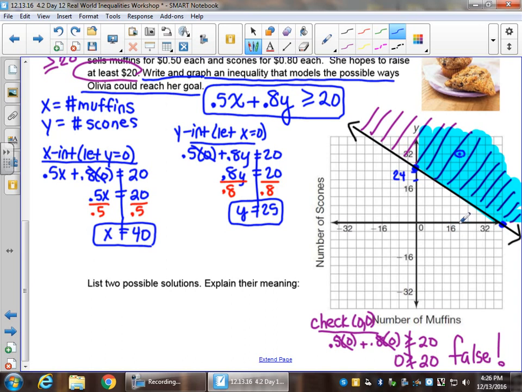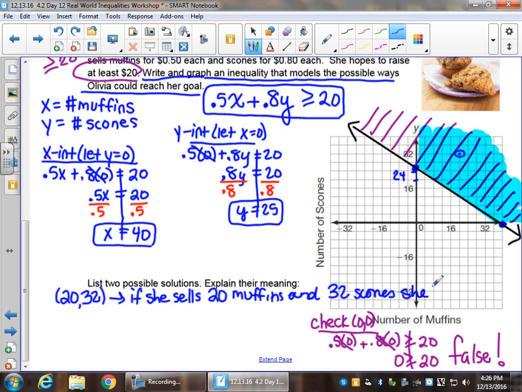So this is 20, comma 32, which means if she sells 20 muffins on the x-axis, 20 muffins and 32 scones, she'll sell at least $20.